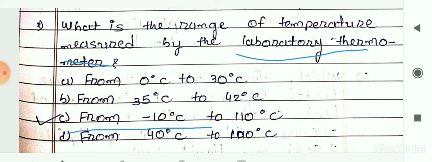So here your answer is minus 10 degrees Celsius to 110 degrees Celsius. So for the clinical thermometer, it's 35 degrees Celsius to 42 degrees Celsius, and for the laboratory thermometer it's minus 10 degrees Celsius to 110 degrees Celsius.